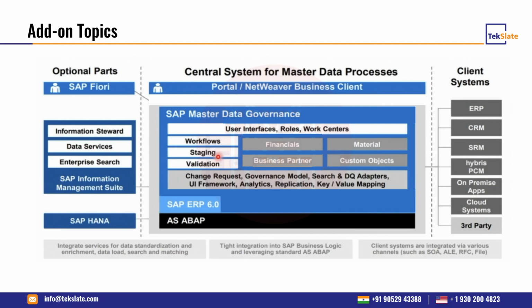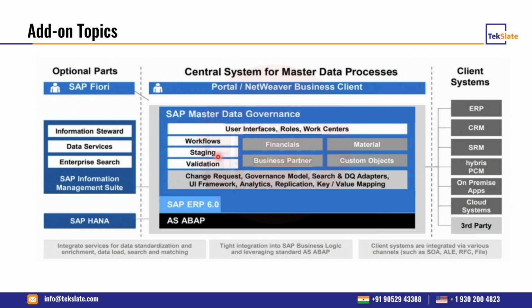Next, what is this optional part? As I discussed previously about data enrichment, SAP clearly mentions here that these are the optional systems. Why are these mentioned as optional systems? For example, as I said previously, in the previous slide I explained address enrichment. In this address enrichment, for example, take the street field.